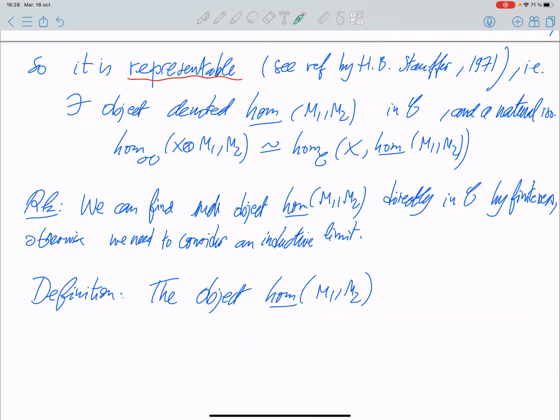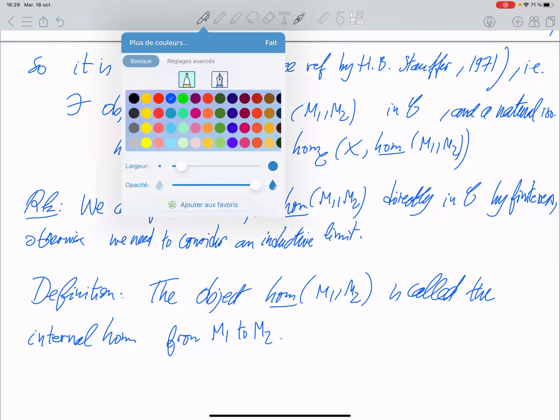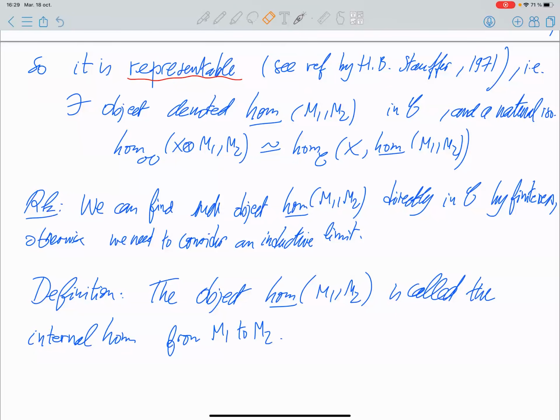So this object is called the internal Hom from M1 to M2. Here, M1 and M2 are objects in a C-module category. But the internal Hom is an object in C. So be careful. Okay.